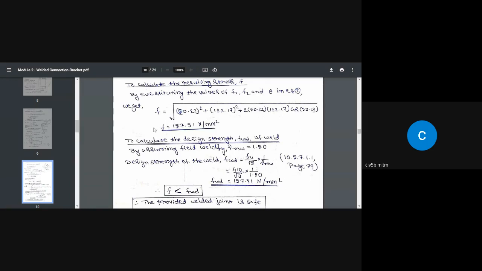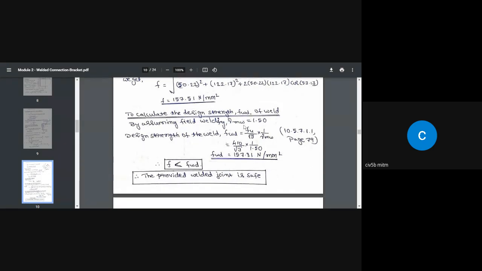Then this is the stress developed in the critical weld due to the design load of PU, which is equal to 225 kilonewton. Okay. Let us find out what is the design strength of the weld, as per 10.5.7.1.1 on page 79 of the code book.